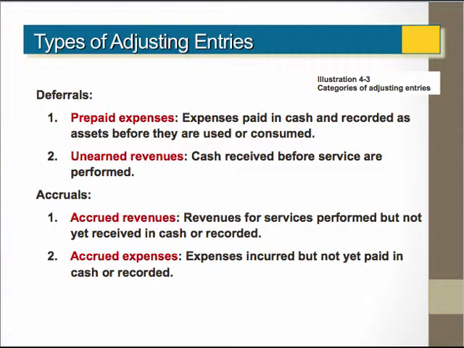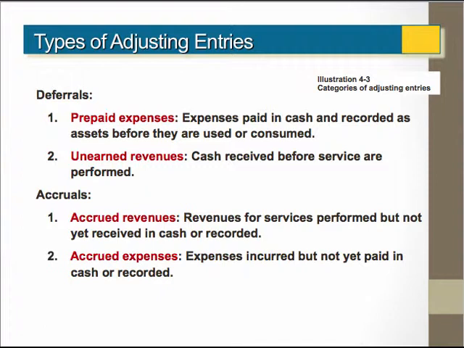Normally, the adjustment for a prepaid expense is in the situation where we have a prepaid expense and we've used a portion of that prepaid in the current period.